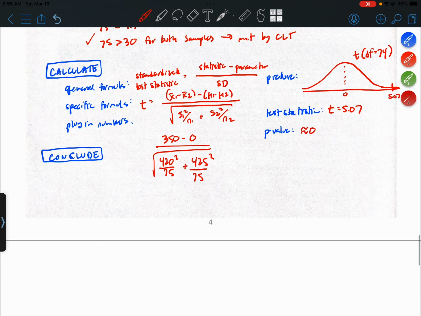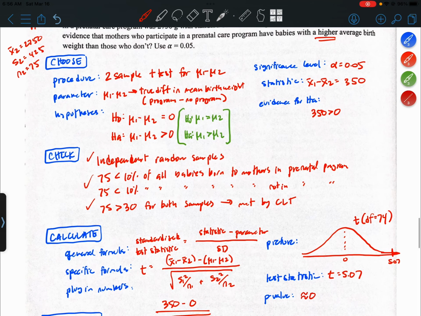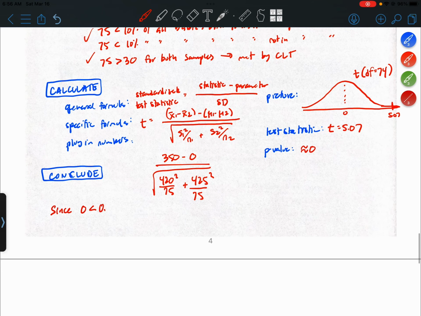Now our conclusion. Since 0 is less than 5%, we reject the null hypothesis.